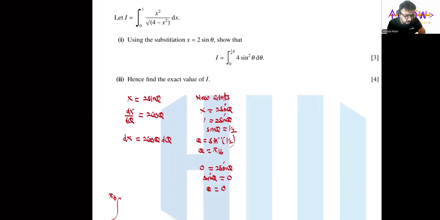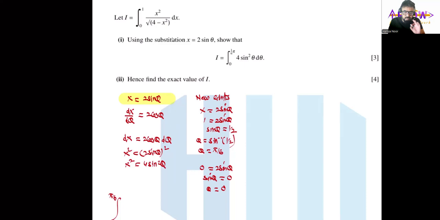Okay, so what we know is that x equals 2 sine theta. So this means that x squared will be equal to 2 sine theta whole squared, which means in place of x squared, we can write 4 sine squared theta.